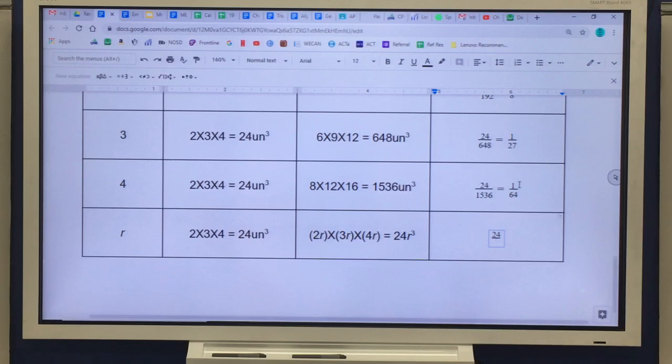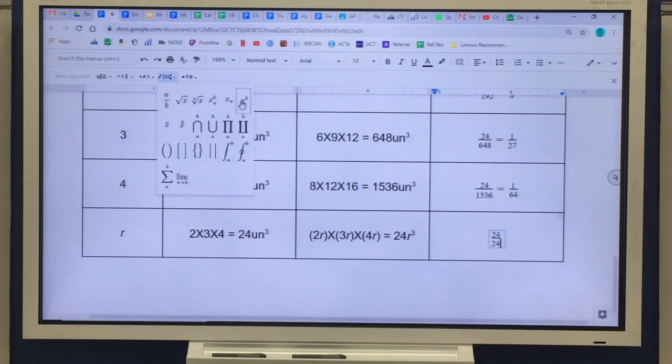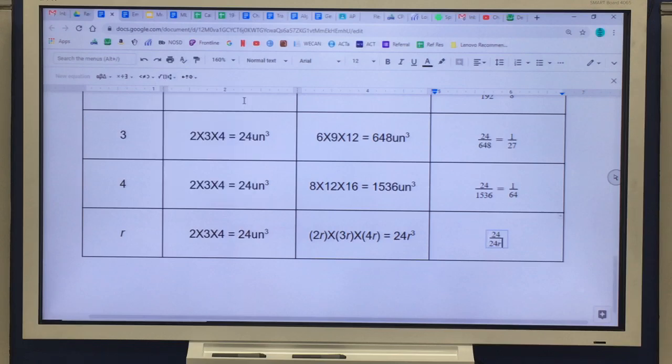What kind of numbers do we get? What's happening? So I'm going to put the 24, oops, I've got to do that up here, my bad. To do a power, I've got to do it this way, r to the third. That's an interesting reality. That's kind of quirky, kind of different.